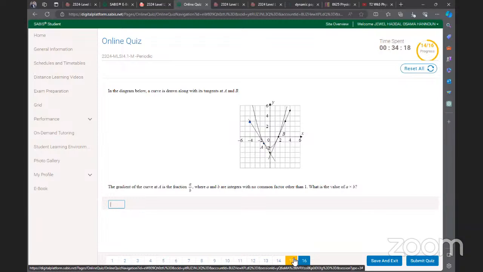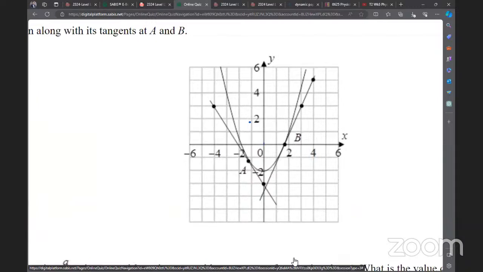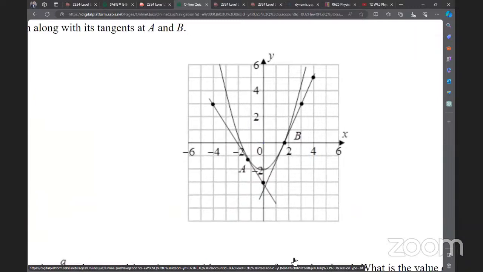Can you please zoom in? Okay, we have already this point. What else? Yeah, but this point wasn't obvious. I thought the line was going away from it.